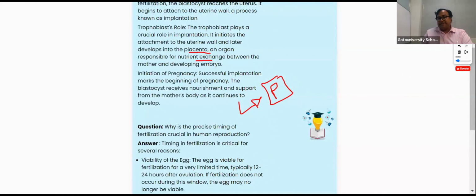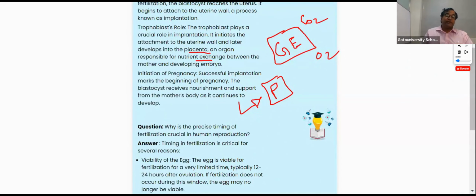But the placenta gives not only nutrient exchange but also gas exchange, which is not mentioned here. For example, if they ask a 5 mark question, I'll add gases exchange, since nutrition exchange is already in the answer. This is possible because of the placental layer. Gas exchange means oxygen exchange and carbon dioxide exchange. I always put a box near the answer when I was like you.